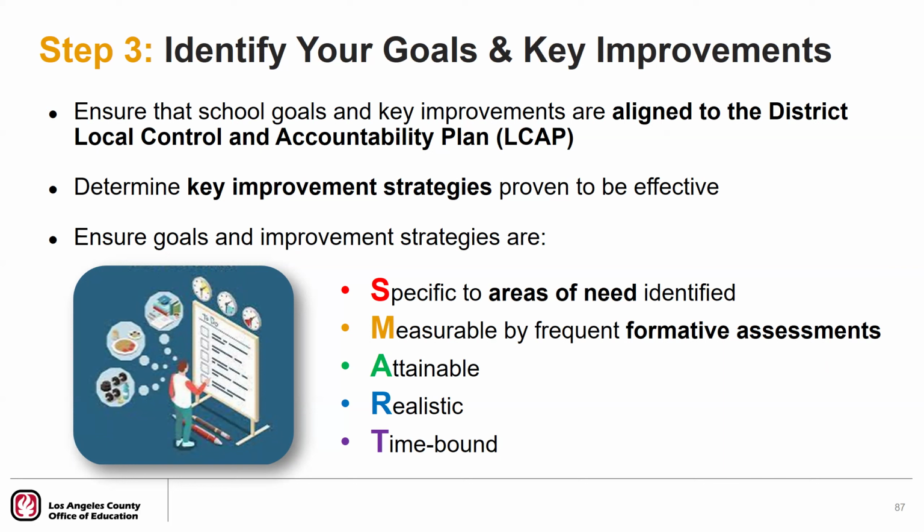Once goals are established by the school site, determine which improvement strategies and related expenditures will be implemented and monitored. To be most effective, ensure that goals and improvement strategies are SMART. That is, that they're specific to the areas of need, that they're measurable, attainable, realistic, and time-bound.